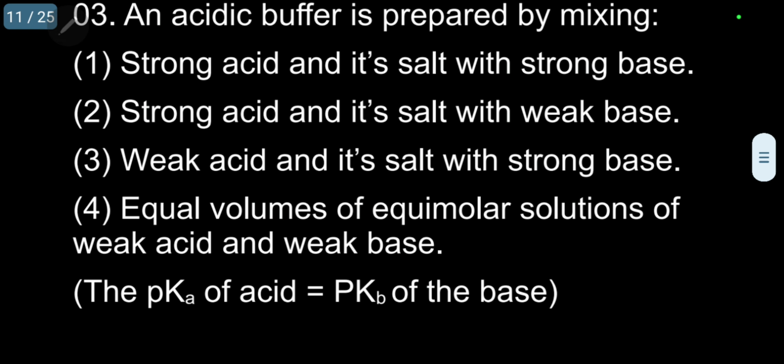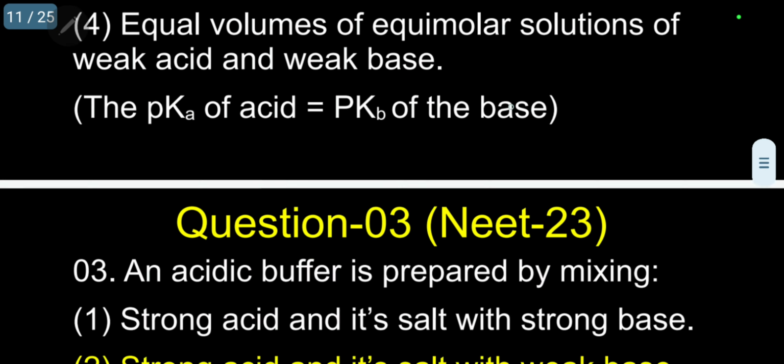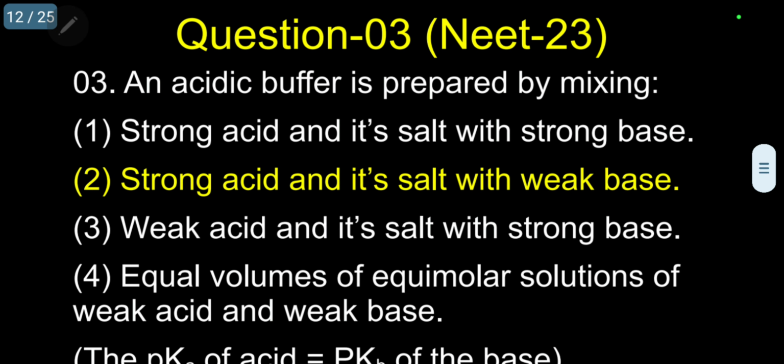Please remember, we have to identify these types. Kindly follow. Here, the correct acidic buffer is a strong acid and its salt with a weak base. That is the correct answer.